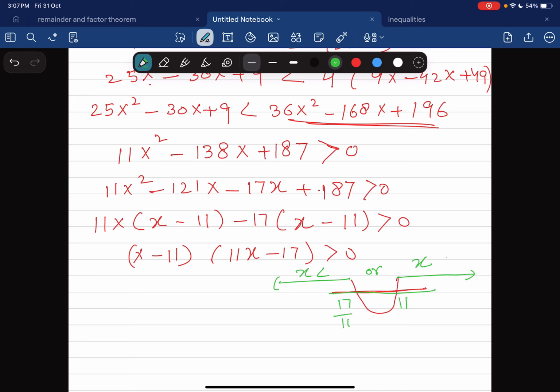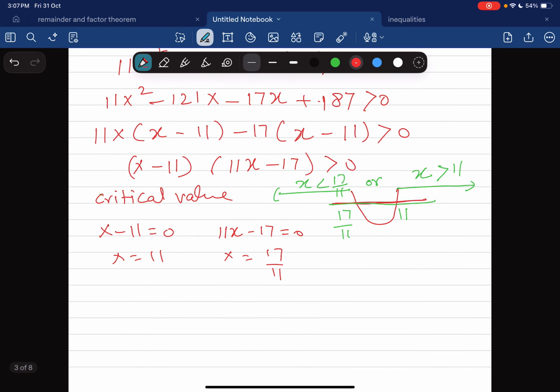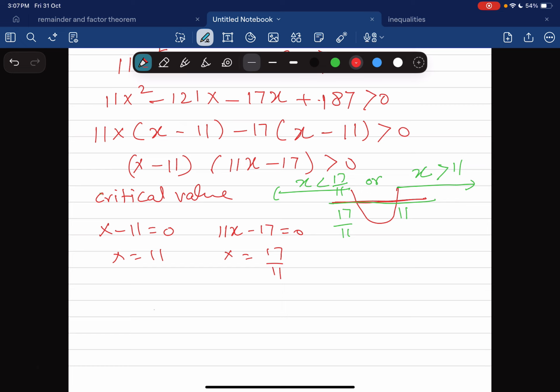That is the part above the lines, the open part. So x is greater than 11, or x is less than 17 upon 11.